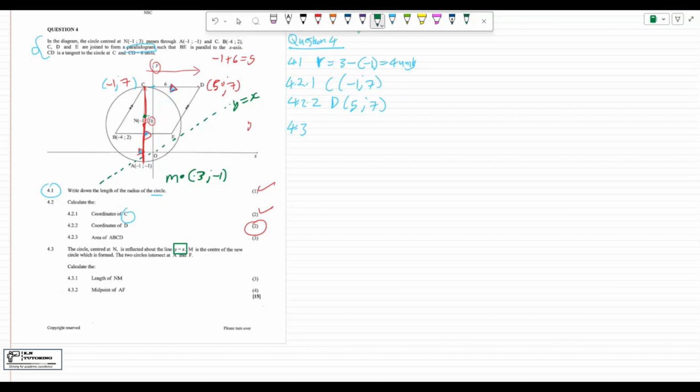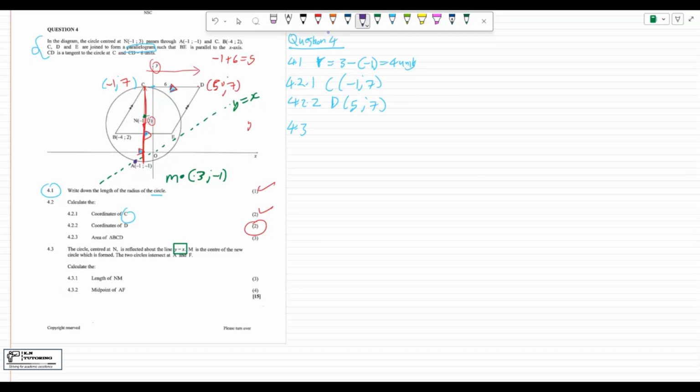The two circles intersect at A and F. So where's my A? A and F. Where's my F? I don't know where F is. They didn't specify.